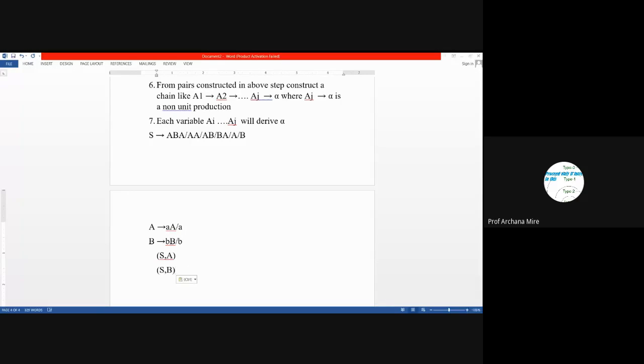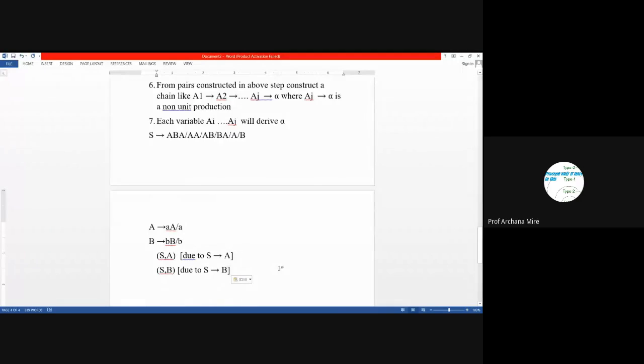The first pair we received because there existed a production rule S leading to A, and since there exists a production rule S leading to B, this is our second pair of unit production.